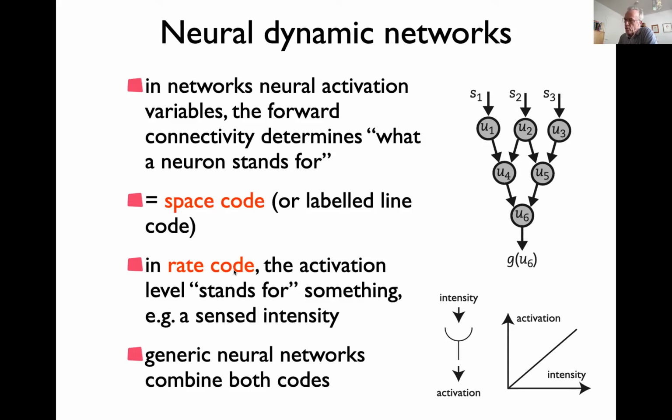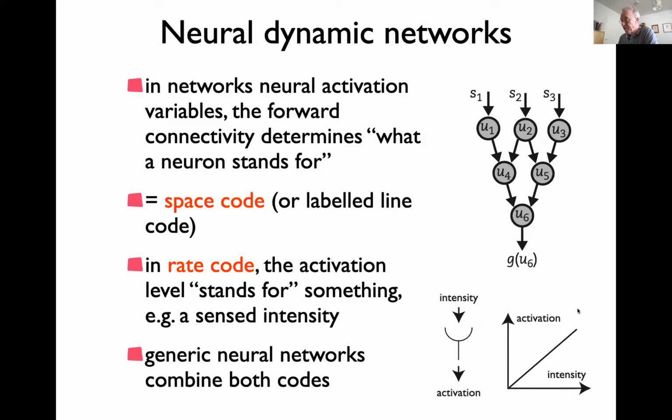Well, in rate code, it's the activation itself that stands for something. So that's something that you often find in the periphery of the nervous system. So for instance, you have some sensor that is sensitive to some physical thing, like a photoreceptor in the retina would be sensitive to luminance, and the activation, for instance the firing rate of a photoreceptor, would be a function of that intensity.